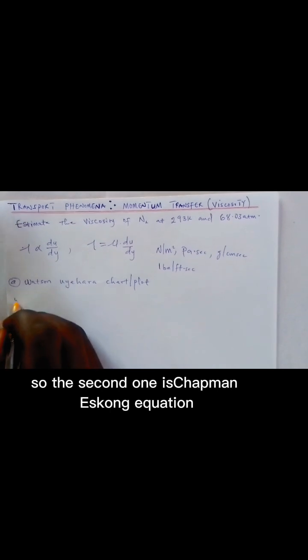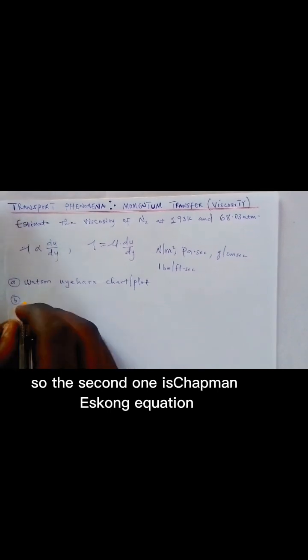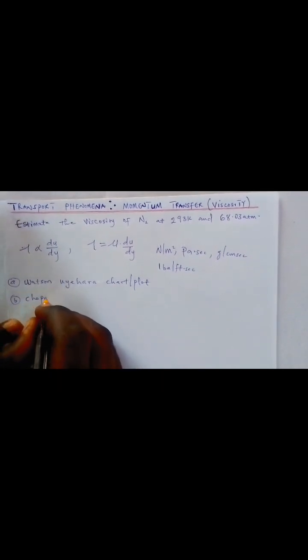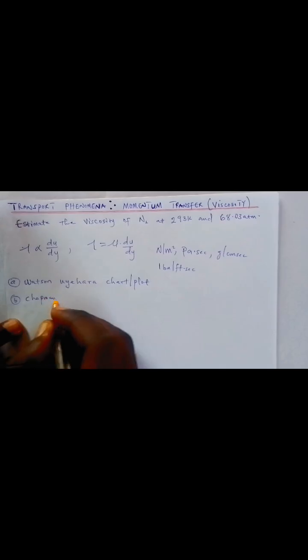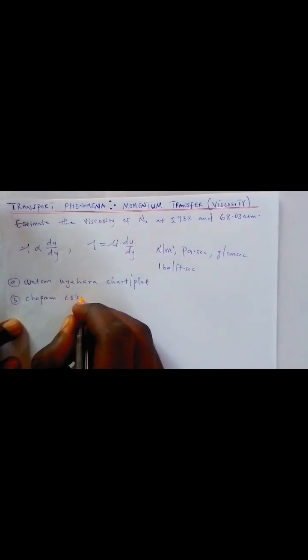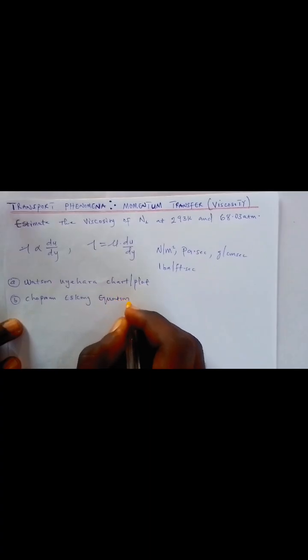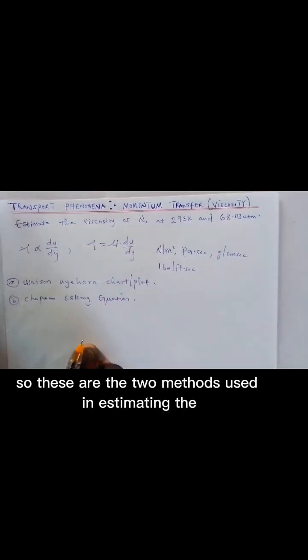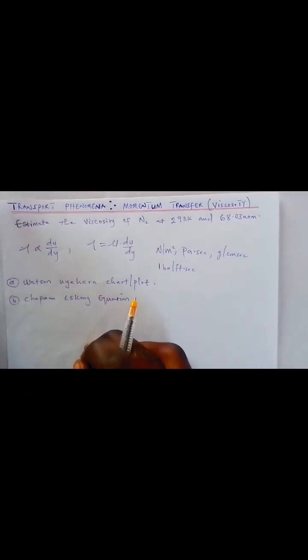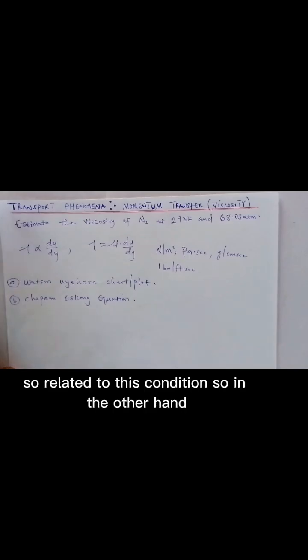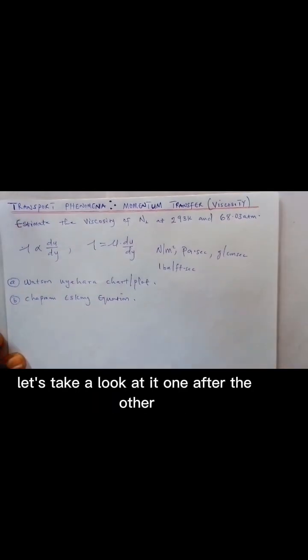The second one is the Chapman-Enskog equation. These are the two methods used in estimating the viscosity of a pure gas related to this condition. Let's take a look at each one after the other.